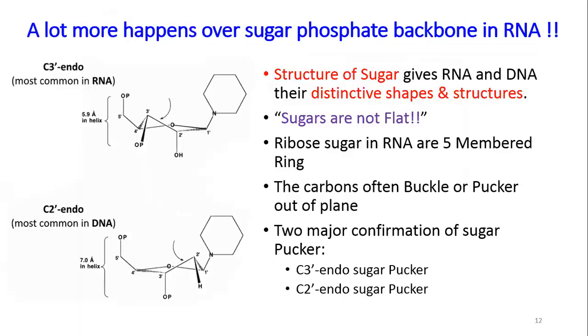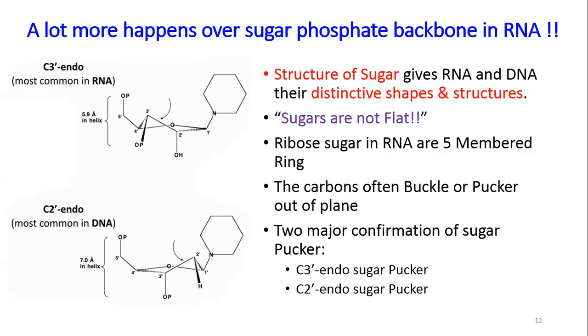When people talk about nucleic acid structure, most of the time they think it is the sequence of bases in DNA and RNA molecules and the bonding between them that makes these molecules special. But you should also know that a lot is going on with the sugar and phosphate backbone as well.